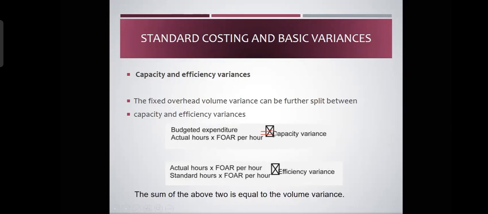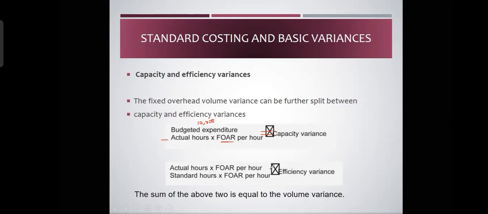So capacity variance is equal to budgeted expenditure minus actual hours into OAR per hour. How much did you budget? You budgeted $10,000, for example. So budgeted expenditure minus the overhead absorption rate per hour multiplied by actual hours. This is the formula for capacity variance.